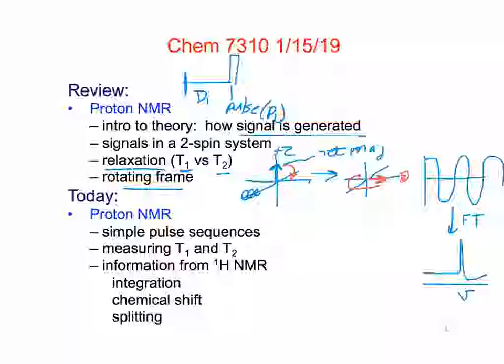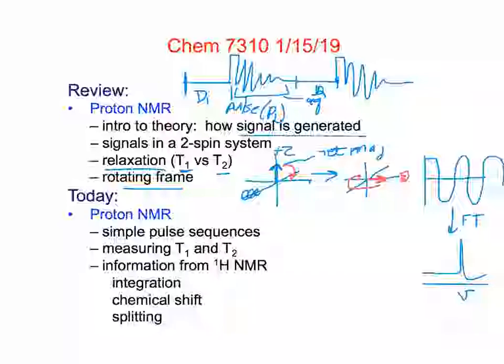And then we acquire the data. This point here is called the acquisition. And then we repeat that: D1, pulse, acquisition. So that's our pulse sequence.